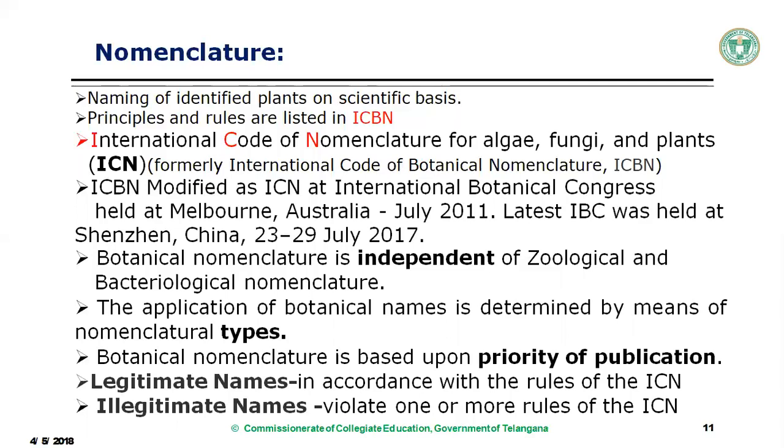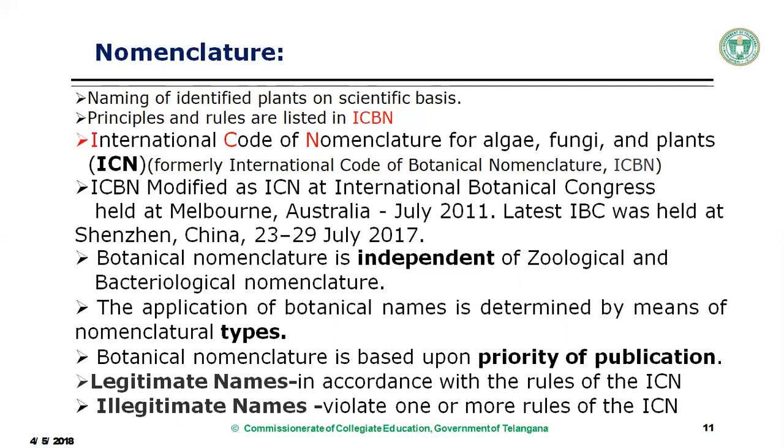Normally, at every 5 or 10 years interval, the meetings are conducted in various countries. So the recent meeting was held at Shenzhen, China in 2017. Previously it was called ICBN, but its name is changed to ICN.